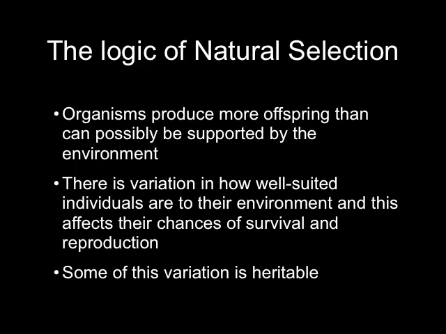But for the most part, in psychology, we're going to talk about genetically heritable variation. So as long as some of the reasons that individuals are better or worse at surviving and reproducing are things they inherit from their parents, and as long as you have these three principles, then in that system you'll get evolution by natural selection.